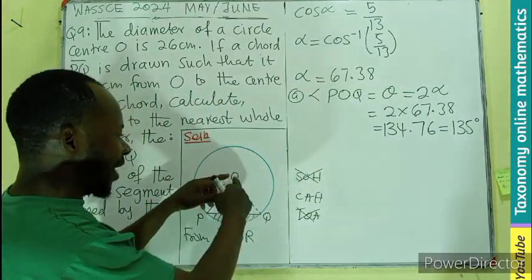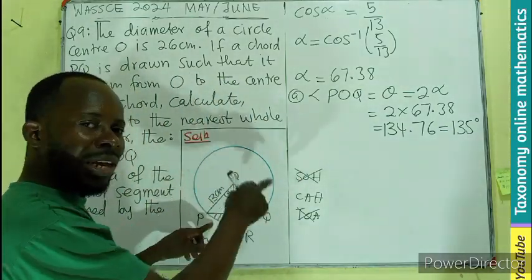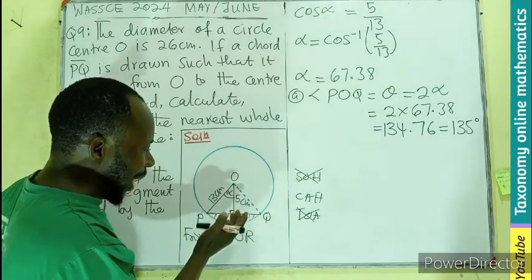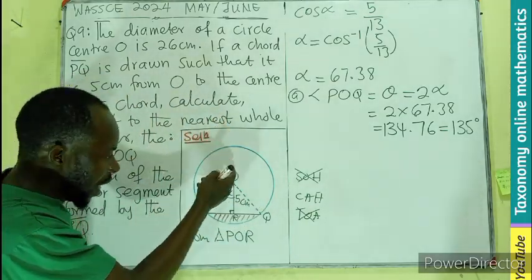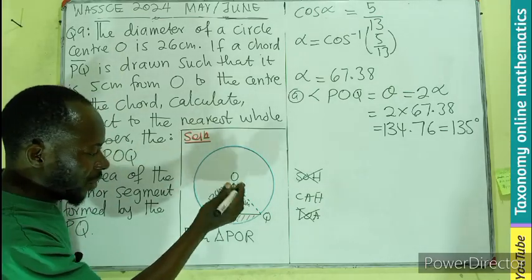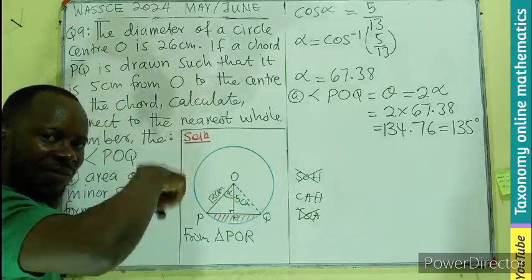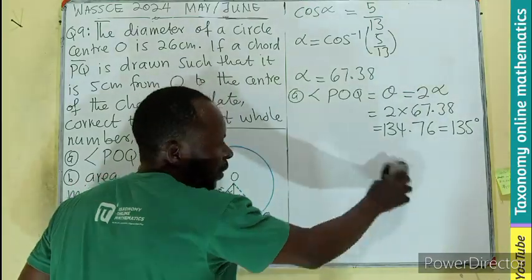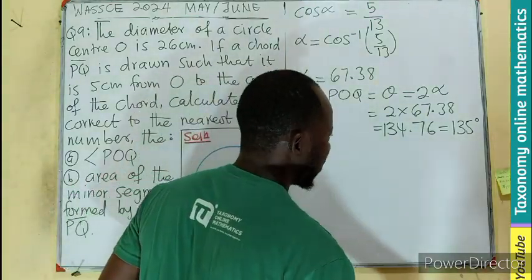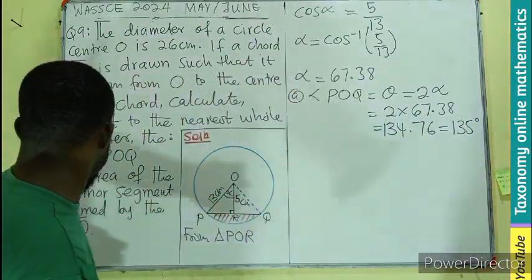So we first find the area of the sector, the complete sector, minus the area of the triangle formed on top of it. So area of the sector minus the area of the triangle gives us the area of the segment. I think I did a tutorial on this. You can check it in the playlist under mensuration 1.